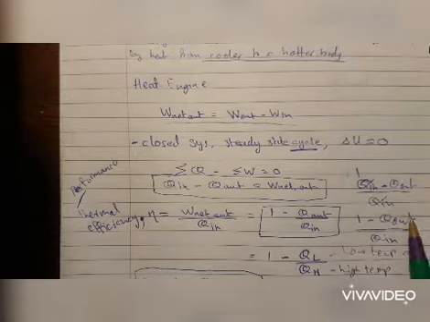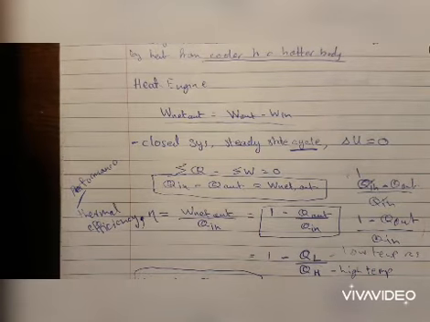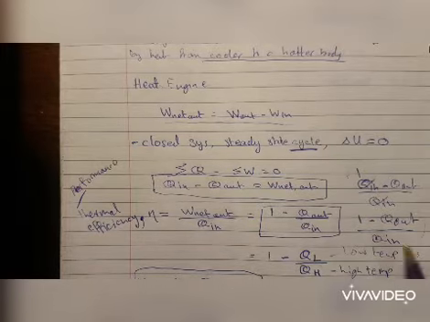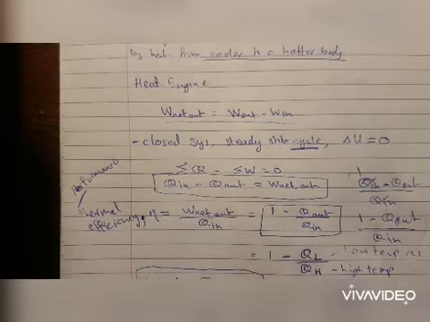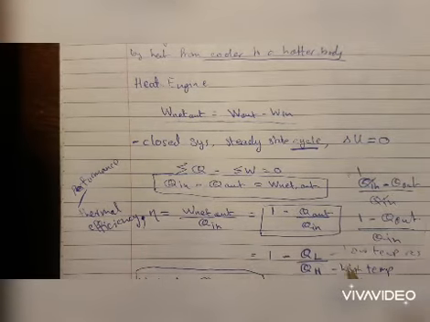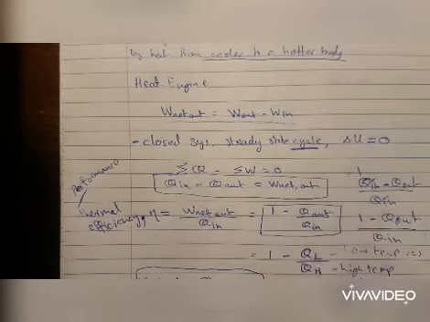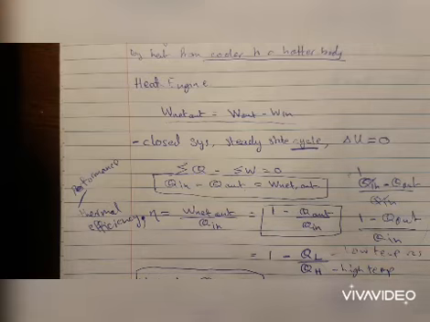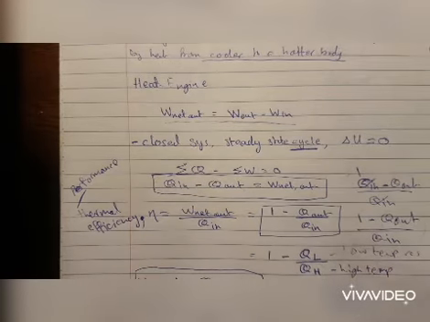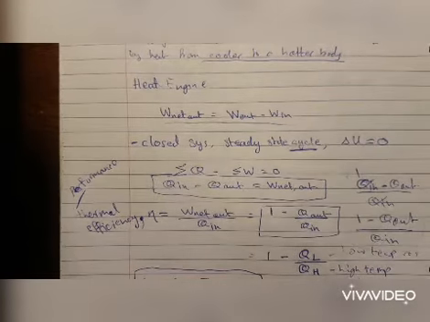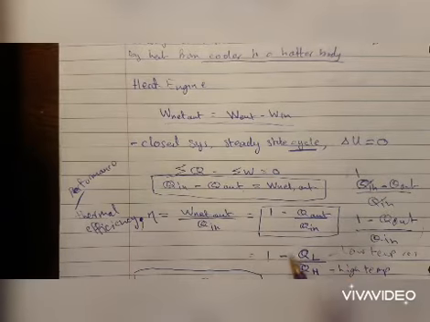So Q out from a heat engine, like the radiator of a car, is throwing heat out into our surroundings, which is at a lower temperature than our car's engine, which is actually really hot. But our engine is taking heat in. The heat in is from the combustion chamber where the temperatures are extremely high. So we get 1 minus QL over QH.